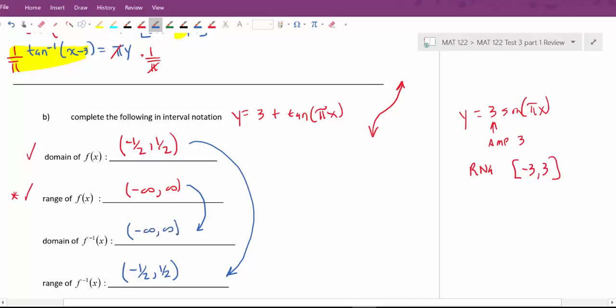One of the things we learned is that an inverse tangent goes infinitely left and infinitely right. Basically, you figure these two things out and then copy them. The domain of the function changes into the range of the inverse, and the range of the function turns into the domain. That's how you figure that out.